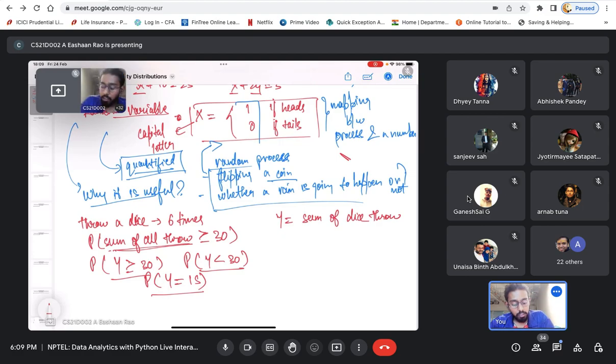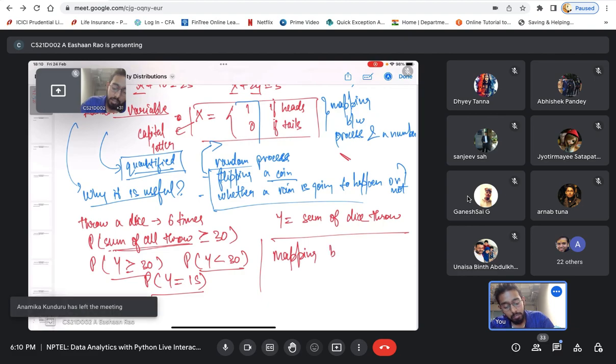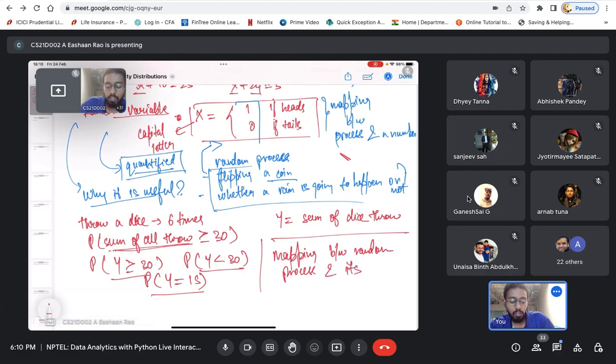Now, in short, what we are doing is a mapping between a random process and its quantifiable value. Now these values we have to extract, whatever quantifiable values we are saying, we might have to extract the probability, right?